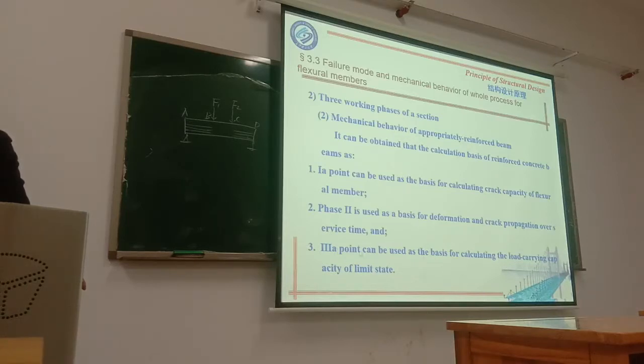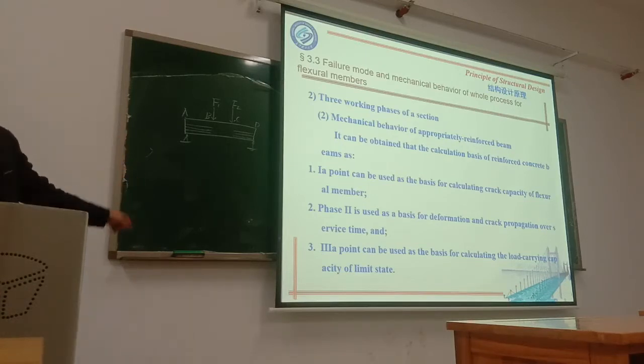So this point can be used as the base for calculating the loading capacity, that is, how much load this beam can resist. Once the load exceeds this load, the beam will be destroyed.